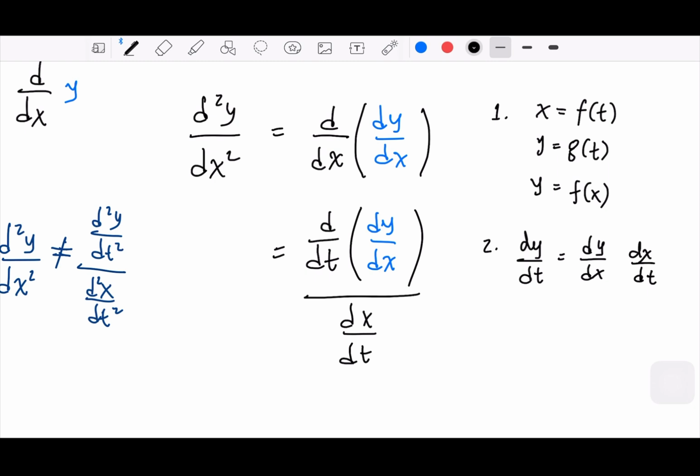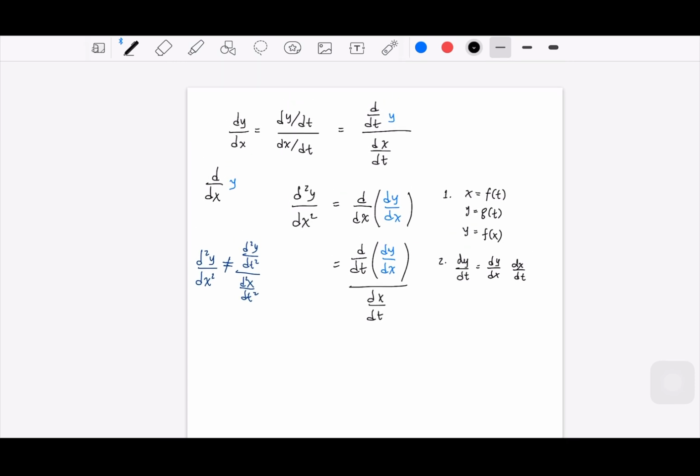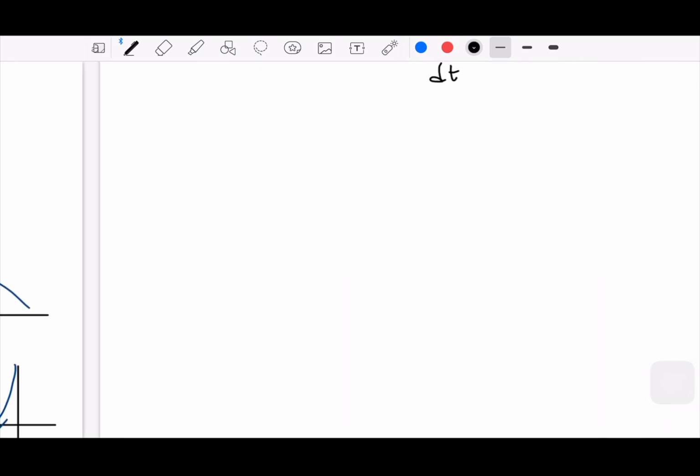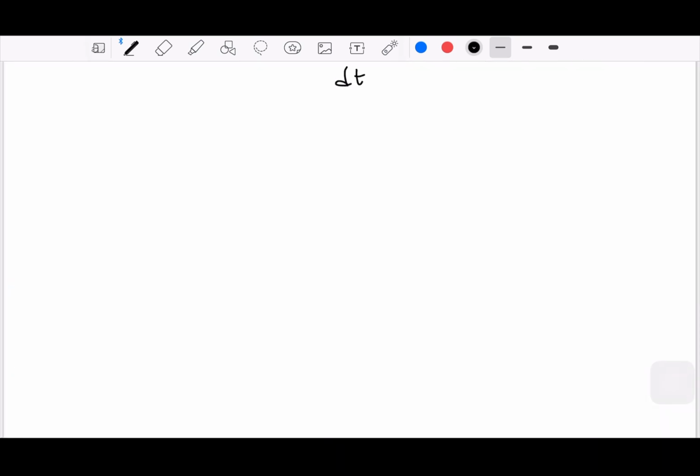Okay, so we can go back to our example. Let me just maybe write one more time. What is the question? We just write the curve. If we have the curve, we can find the dy over dx.